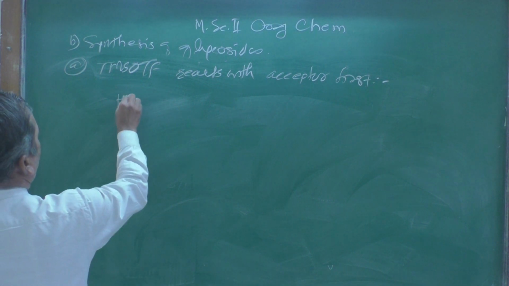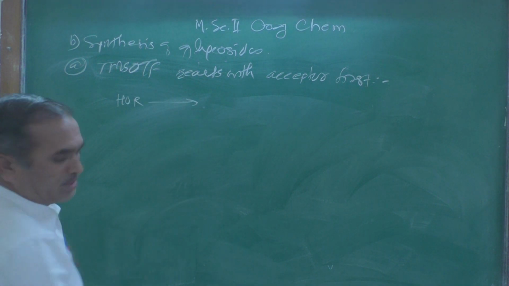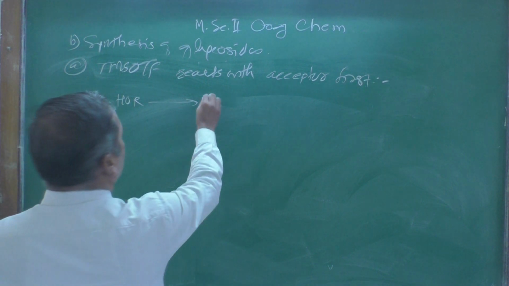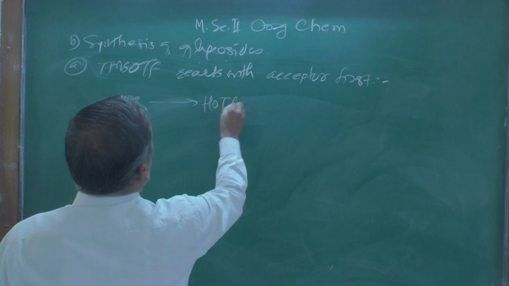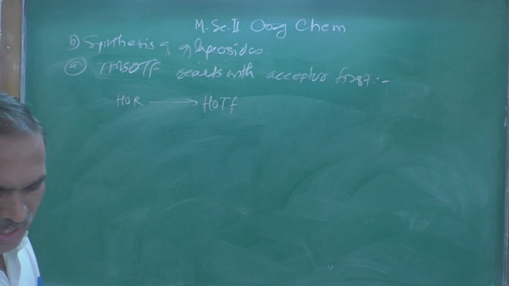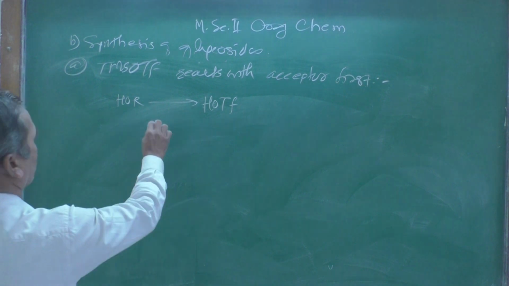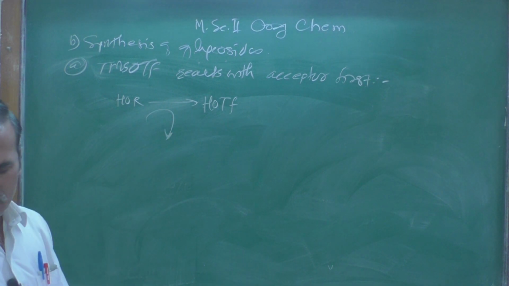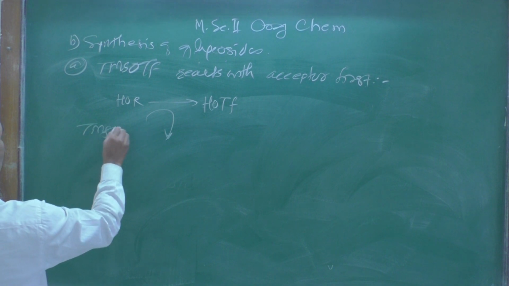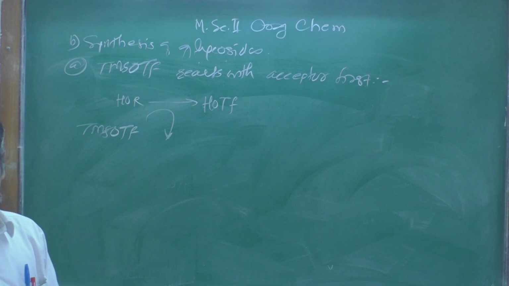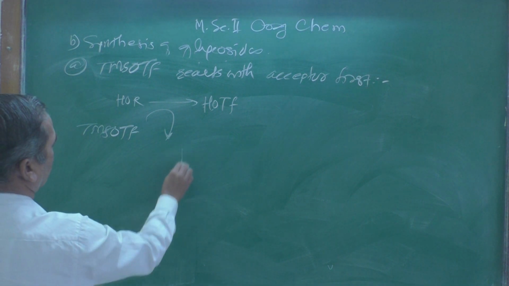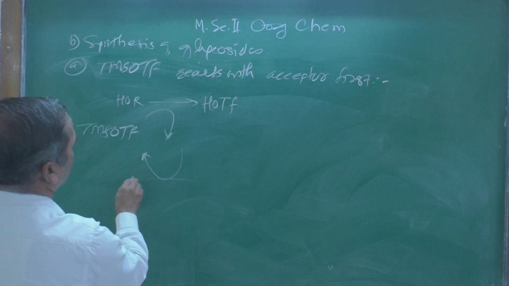And as we know that HOR, when it is treated with, or it is further converted into HOTf, that is a triflic acid, and that triflic acid further here is TMSOTf, which is going to convert into here like this.